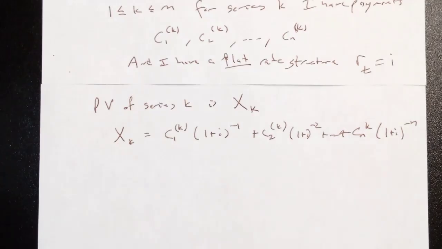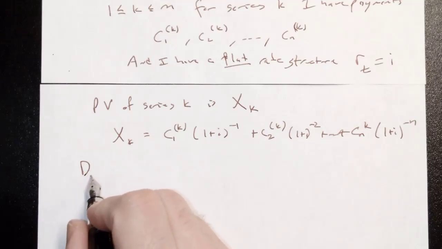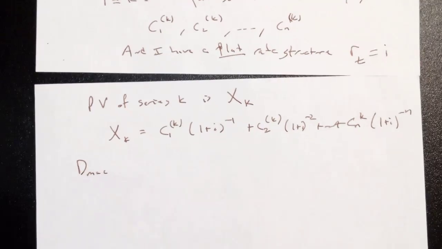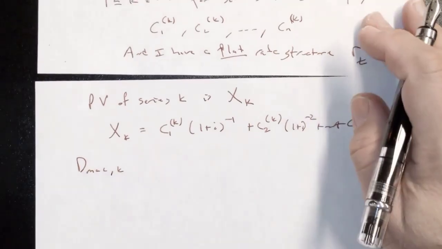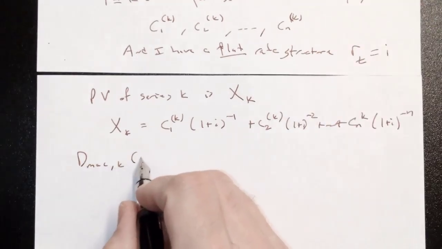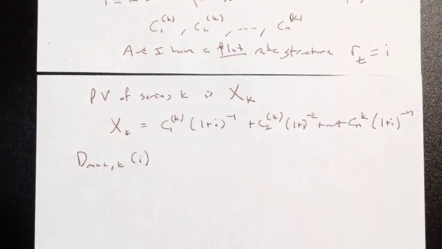According to this cash flow, it's got a duration. The duration, let's use the Macaulay duration, for series K at the rate I. I can calculate that.